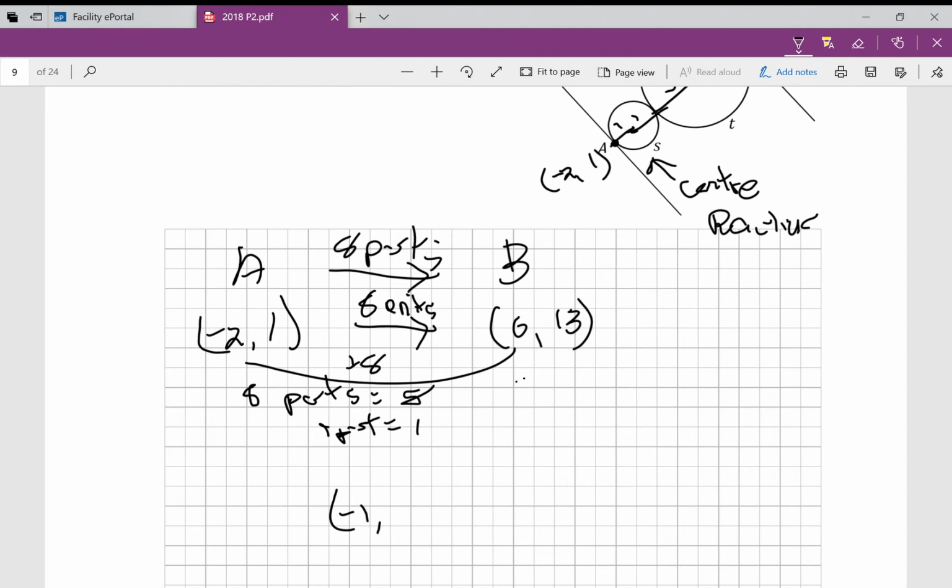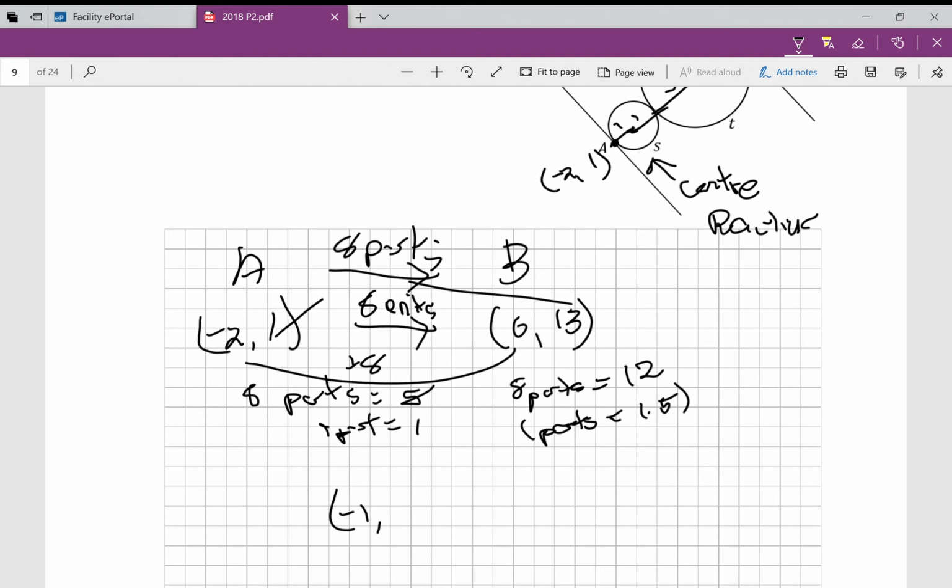Then the y's, 8 parts: you went from 1 over to 13. So 1 to 13, you added on 12. That means one part, 12 divided by 8, is 1.5. So one part is 1.5. The center of that circle is add on 1.5.